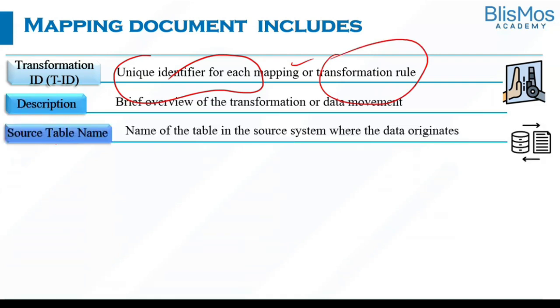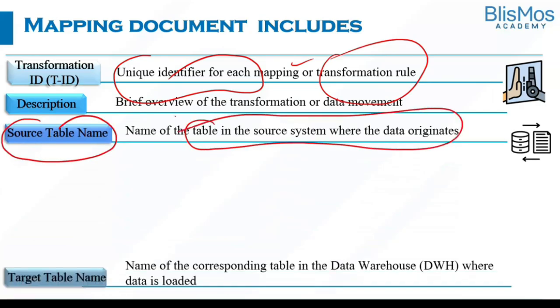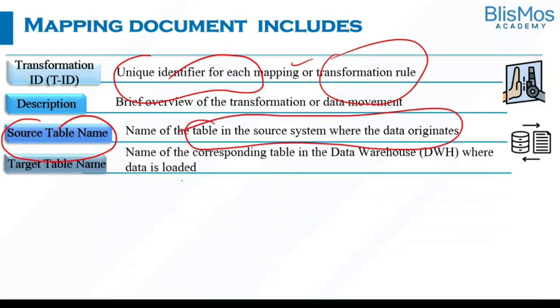And then the source table, the name of the table from which the data originates, and the target table, the name of the table or system to which the data is loaded. Depending upon the stage, the source and target may differ.